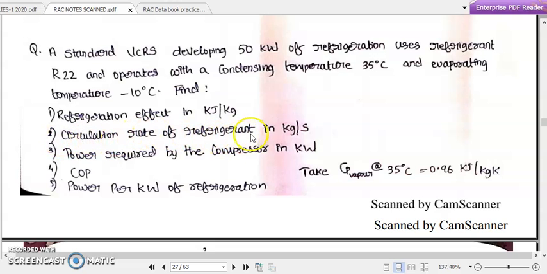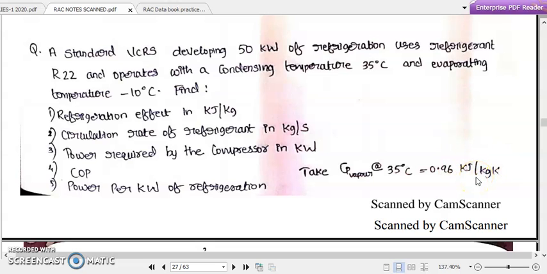Circulation rate of the refrigerant in kilogram per second. 3. Power required by the compressor in kilowatt. 4th one, COP. 5th one, power per kilowatt of refrigeration. In this question it is given, take Cp of vapor at 35 degrees Celsius as 0.96 kilojoules per kilogram Kelvin.